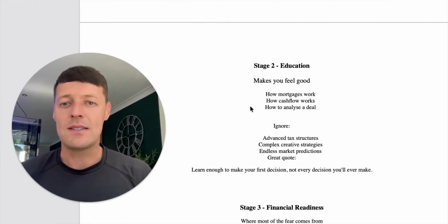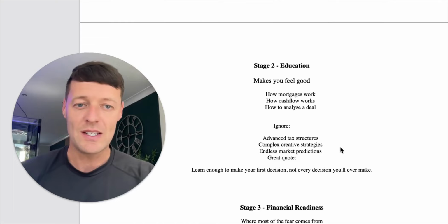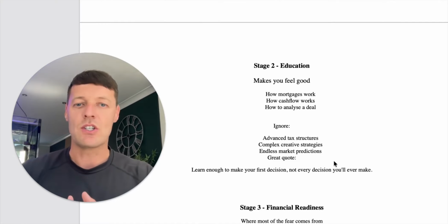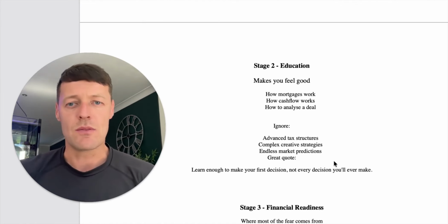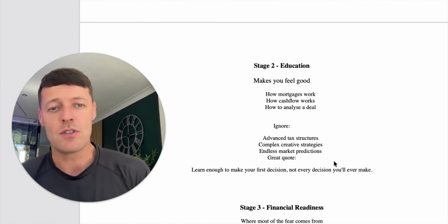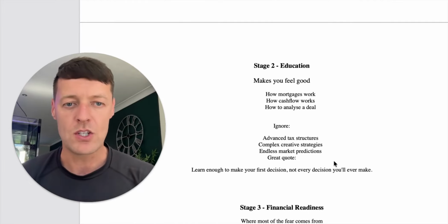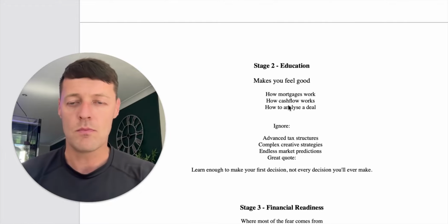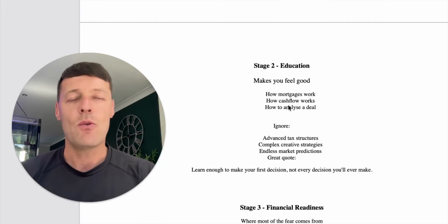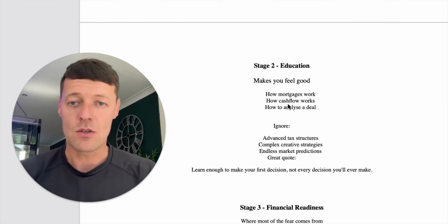Okay, you don't need to learn about advanced tax structures, complex creative strategies, endless market predictions, and is the housing market going to crash in 4 weeks' time, or what's happening to interest rates. You do not need to overcomplicate things with all this information. You just need to learn the very basics, understand your numbers, understand how things work on a basic level, and that will be enough to get started.